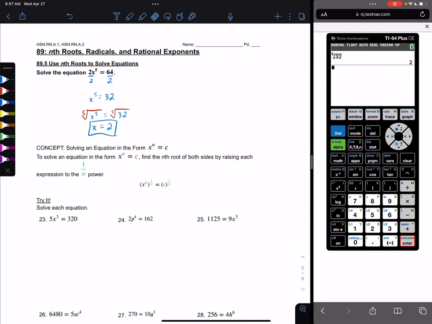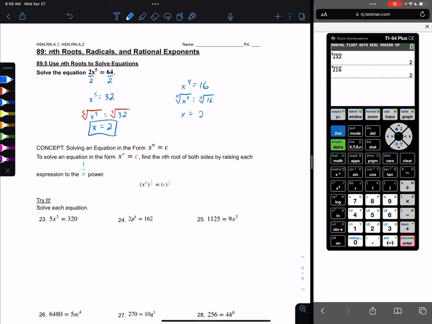Let's say this was x to the fourth equals 16. I would take the fourth root of each side. I would get x equals, using the calculator if you're unsure, the fourth root of 16, which is 2.